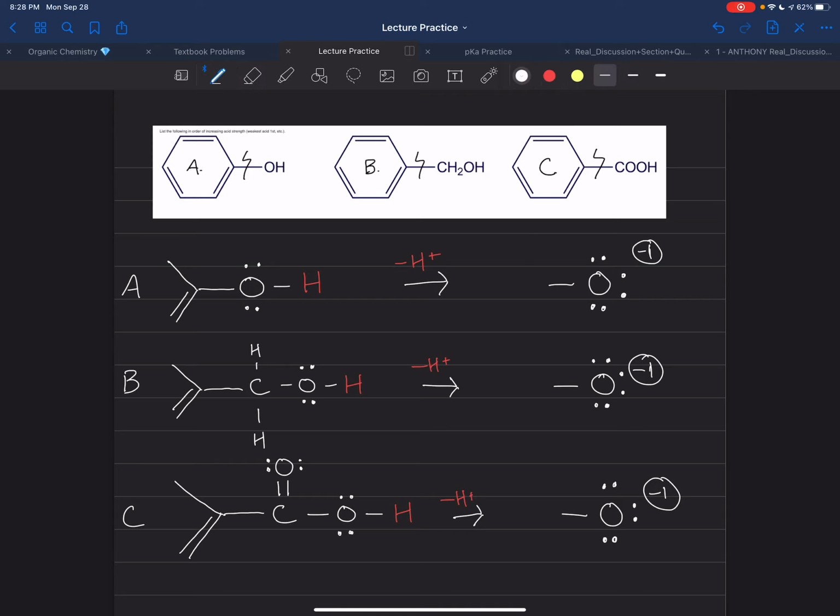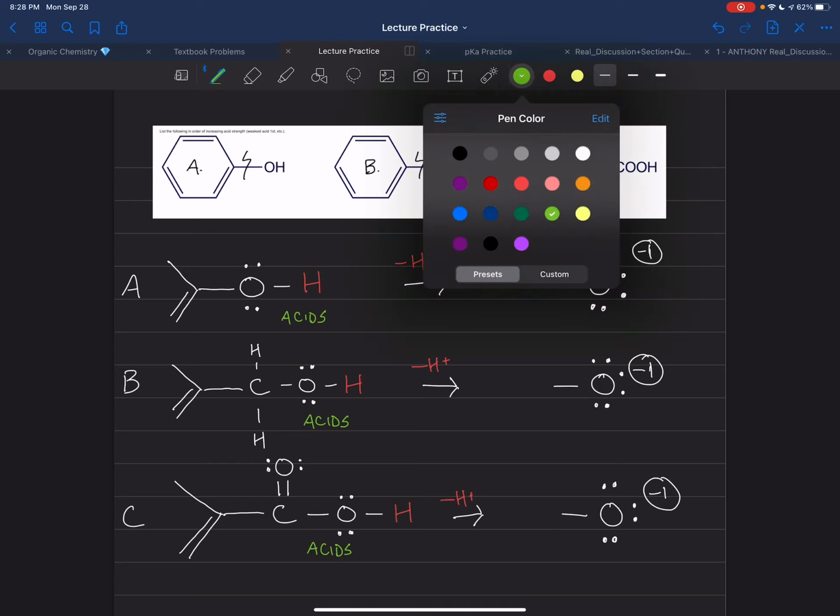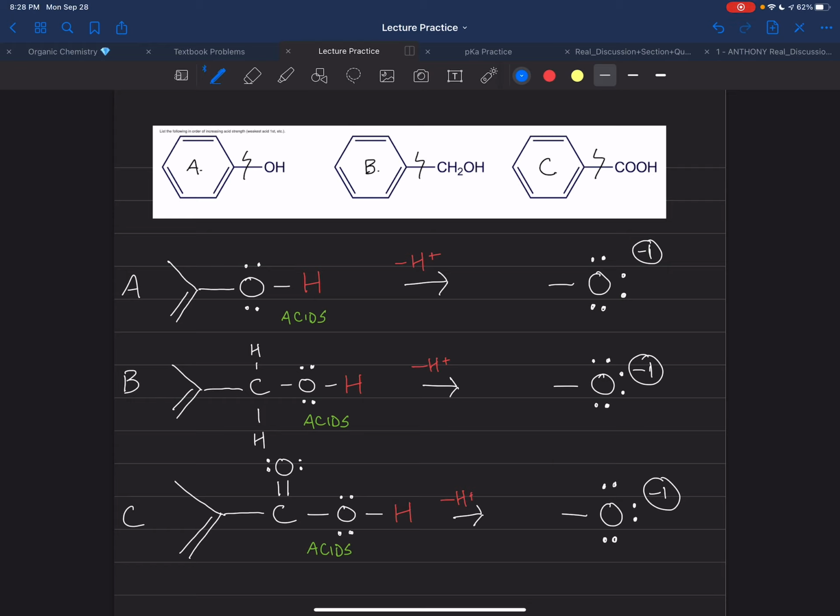Over here, we have our acids, at least that we're looking at. And then over here is our conjugate base for each of these. Okay?